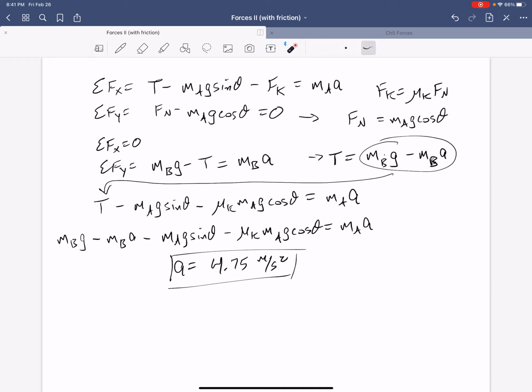So either plug it in right here and solve for that T, or you can plug it in here and solve for that T. It'll be the same exact tension. So I suggest the simpler equation. So once you plug it in for, say, a right there, you should get a tension value of 111.22.